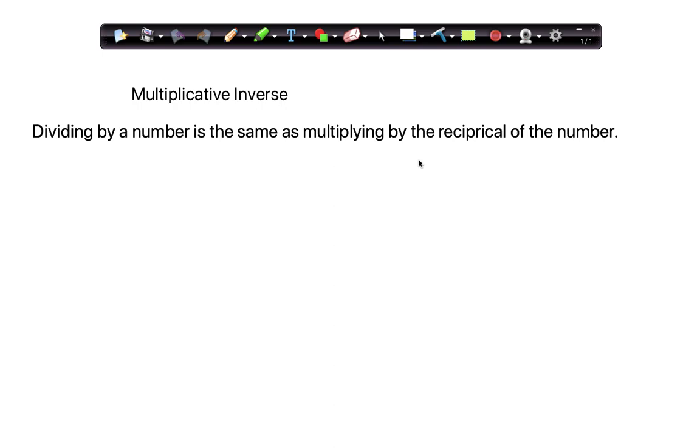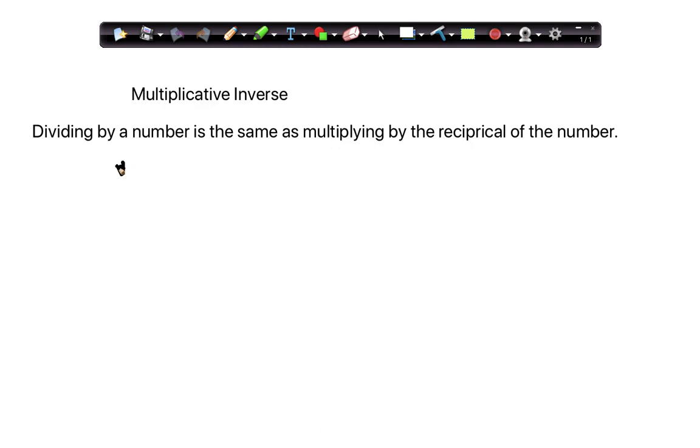And then we did some examples. Okay, so first of all, we need to know what a reciprocal is. So here's a reciprocal.